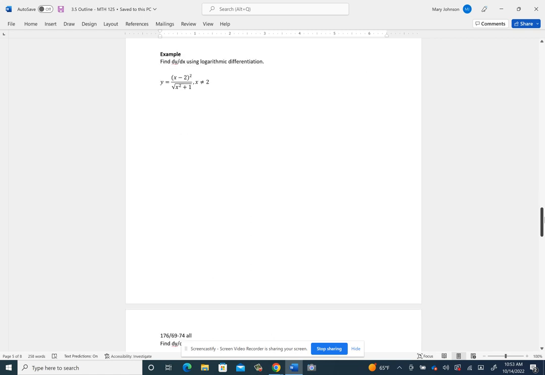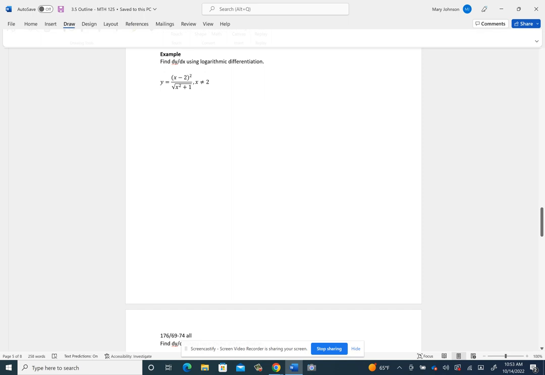All right, what makes me want to do logarithmic differentiation is, even though I could do it otherwise, the fact that I've got the quotient rule and each item in the numerator and denominator is really raised to a power kind of makes it a little bit of a mess to try to take care of. Okay. So what I'm going to wind up doing is using this idea.